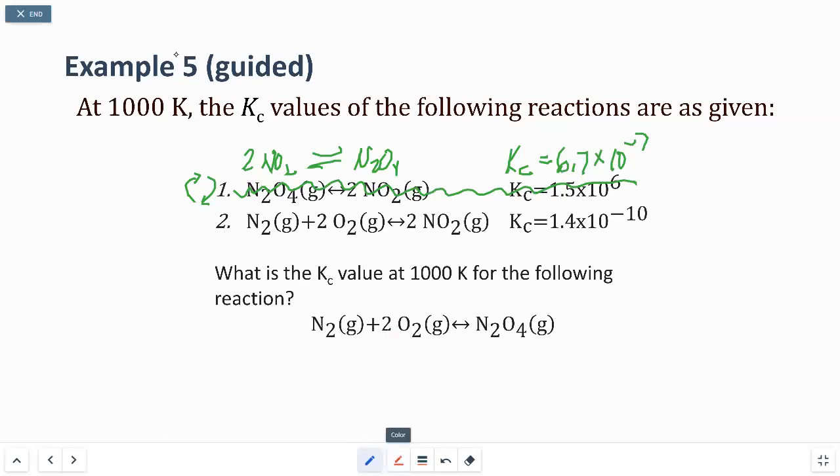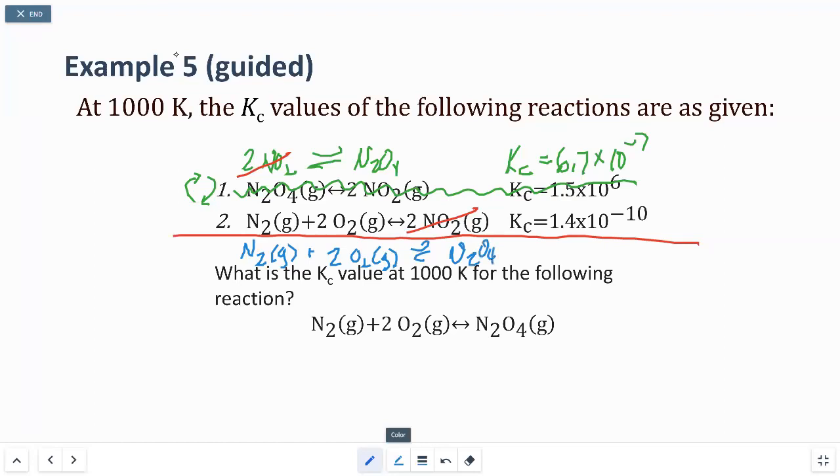And now we're going to add these together and make sure that our NO2s cancel out and that we are getting the version of the equation that we're actually interested in. Which we are.